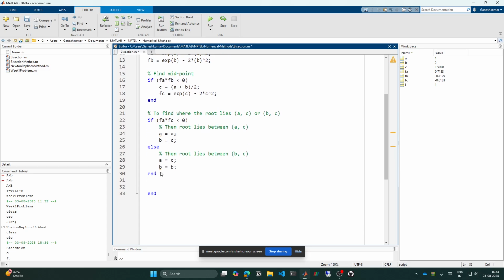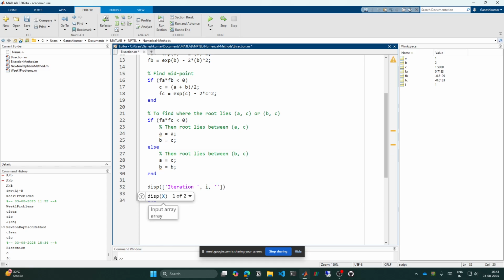To see how things vary between iterations, let me write a print statement. Here, disp is the way that you can print. You can also use printf, so those things you can check for yourself. So I can write it as iteration i.